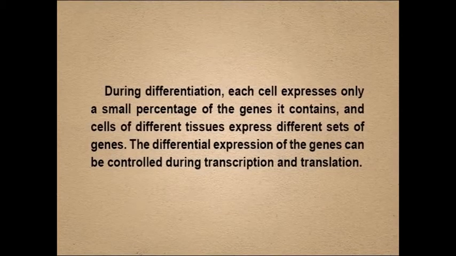During differentiation, each cell expresses only a small percentage of the genes it contains, and cells of different tissues express different sets of genes. The differential expression of the genes can be controlled during transcription and translation.